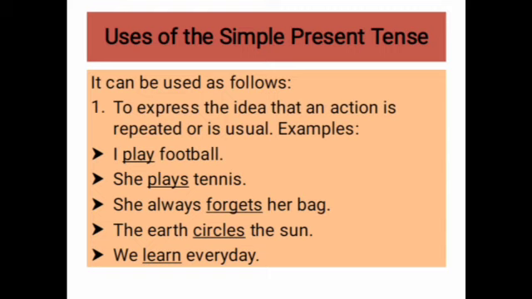Thank you. She always forgets her bag. What's the verb? Forgets. Thank you. And it's in the simple present tense, indicating that forgetting her bag is what she is fond of doing. When you are fond of doing something, you use the simple present tense to indicate it, okay?